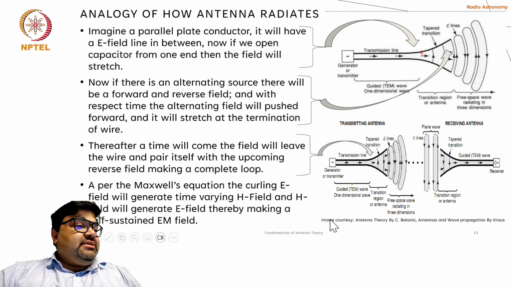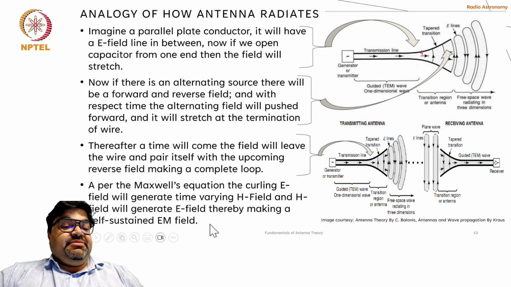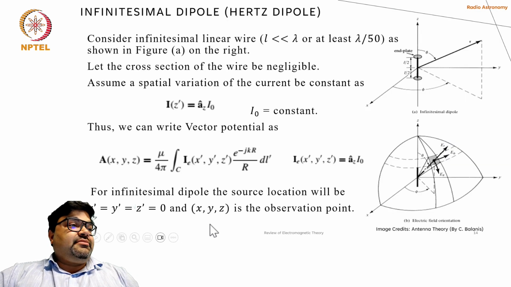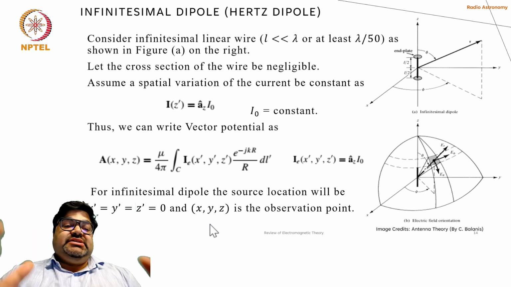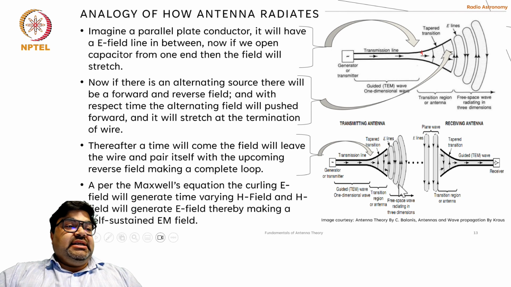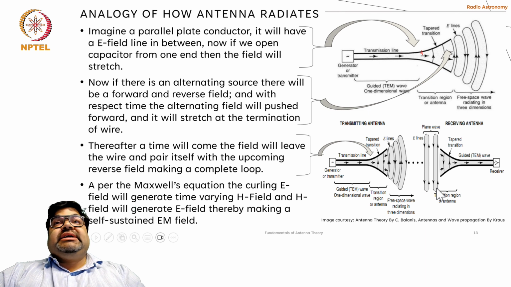Now as per Maxwell's equations, the curling E field will generate a time varying H field, and the H field will generate an E field, making a self-sustained electromagnetic field. That's basically how this radiation actually happens. This picture really is important, and this pictorial depiction is very powerful to understand what exactly takes place.